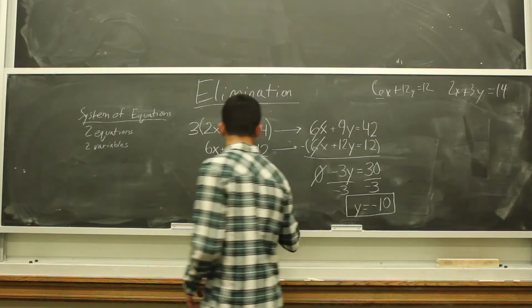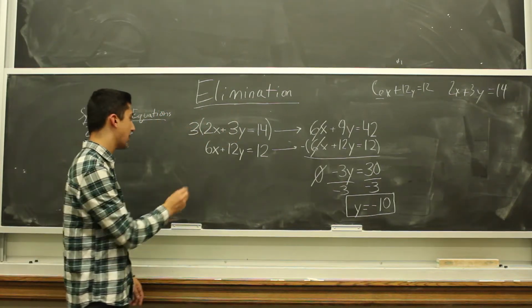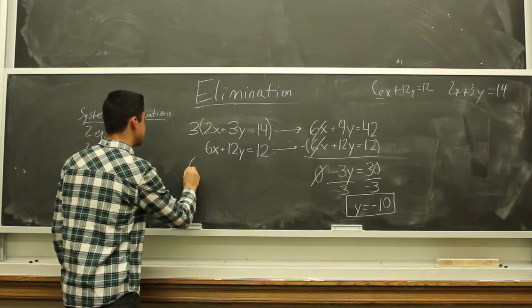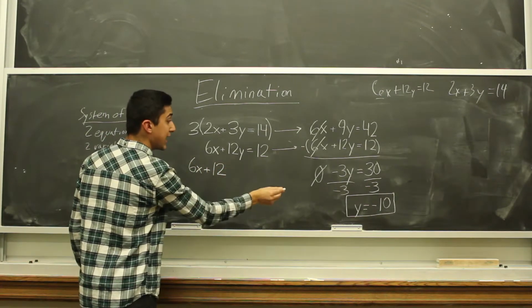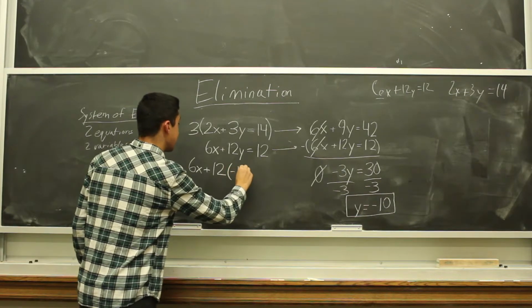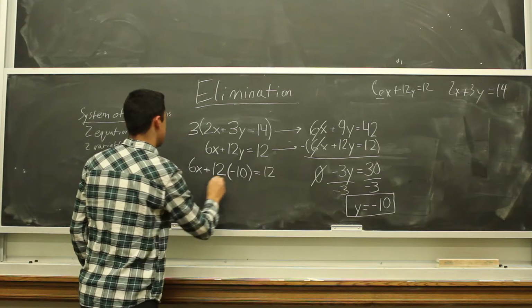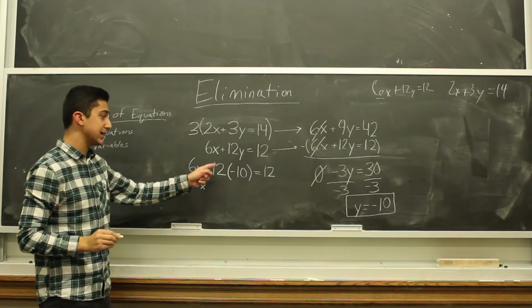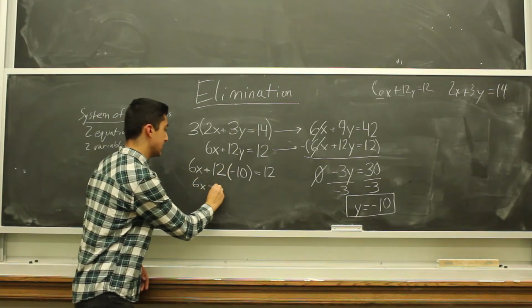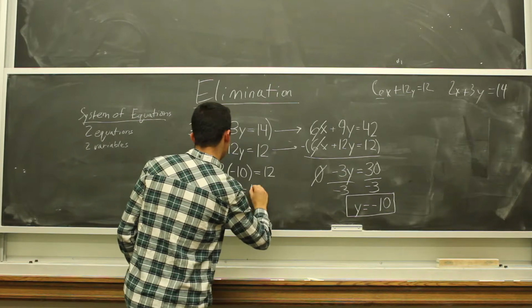Okay, so now we've solved for y, and we know that y is equal to negative 10. So now we're going to solve for x by taking our y value and plugging it back into one of these two equations. So I'm just going to pick the second one. We have 6x plus 12, and now we know that y is equal to negative 10, so let's substitute that back in. Equals 12. And then 6x plus 12 times negative 10, which is negative 120, equals 12.